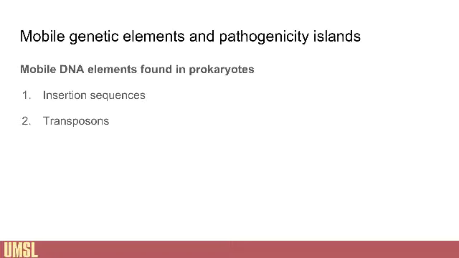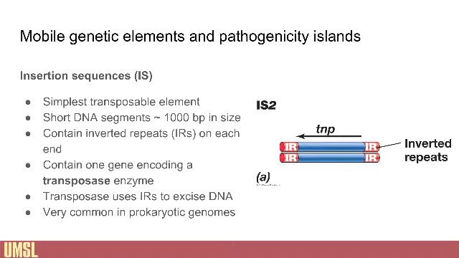So the two most common DNA elements found in prokaryotes are insertion sequences and transposons. We'll talk a little bit about how these become much larger, more complicated things in a second. Insertion sequences are essentially a transposon with basically no other genes.